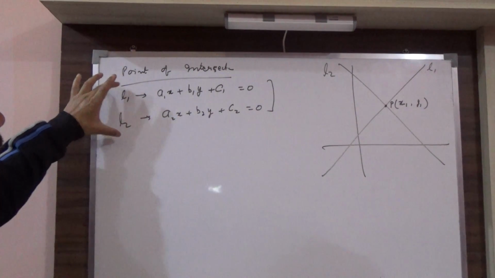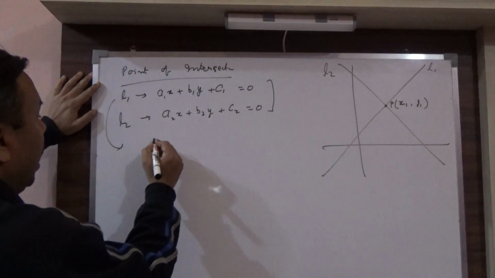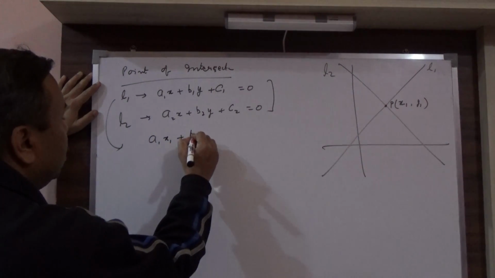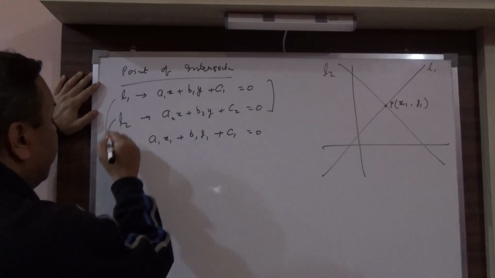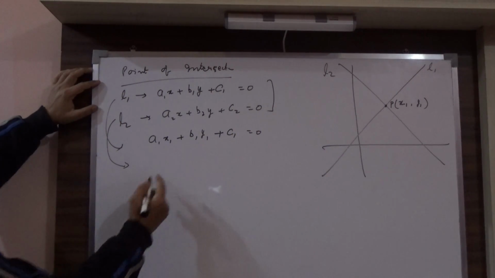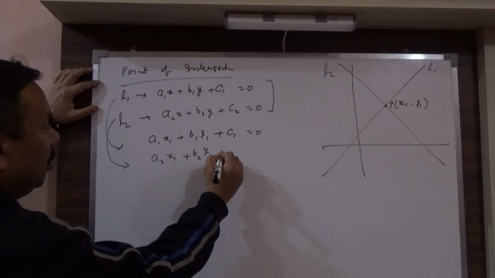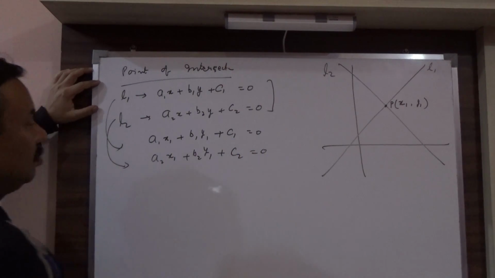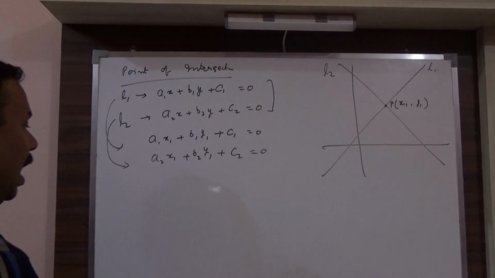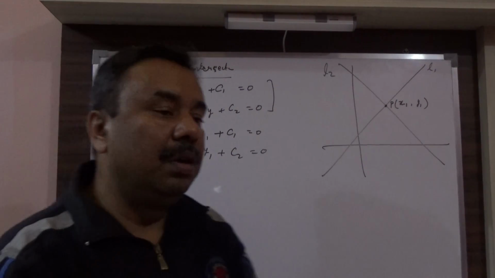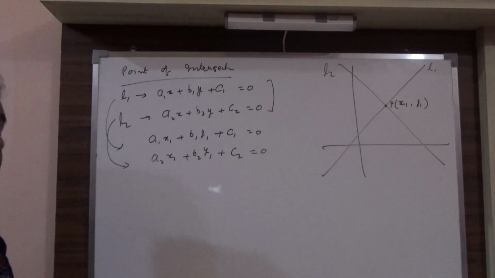Obviously, when I say x1, y1 is satisfying, from line L1 I can say a1 x1 plus b1 y1 plus c1 is equal to 0. From line L2, I can say it will be a2 x1 plus b2 y1 plus c2 is equal to 0. If both these things are satisfied, then I can find out the value of x1 and y1 by using the determinant method.